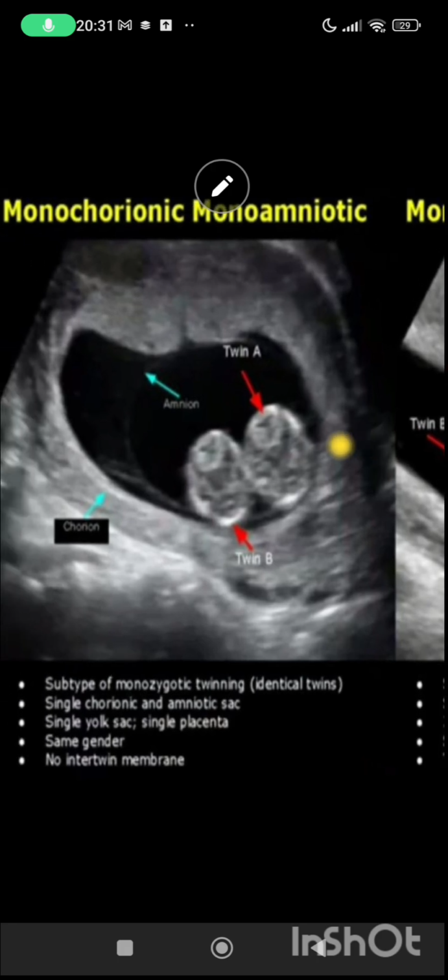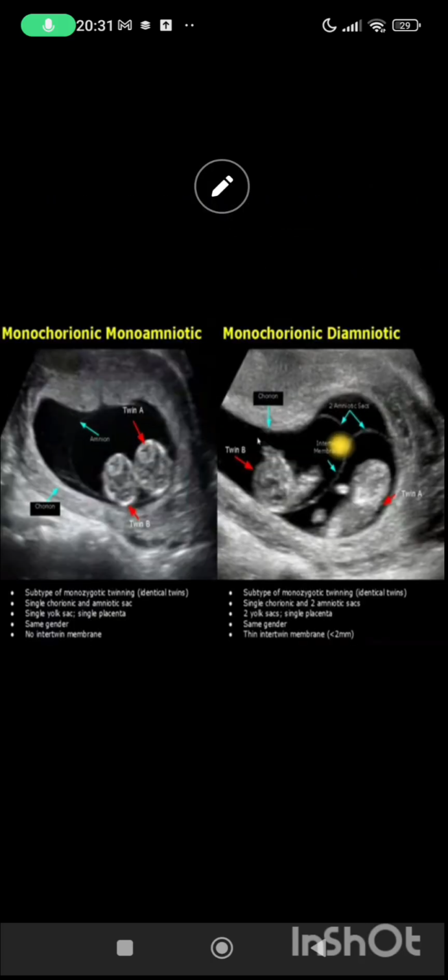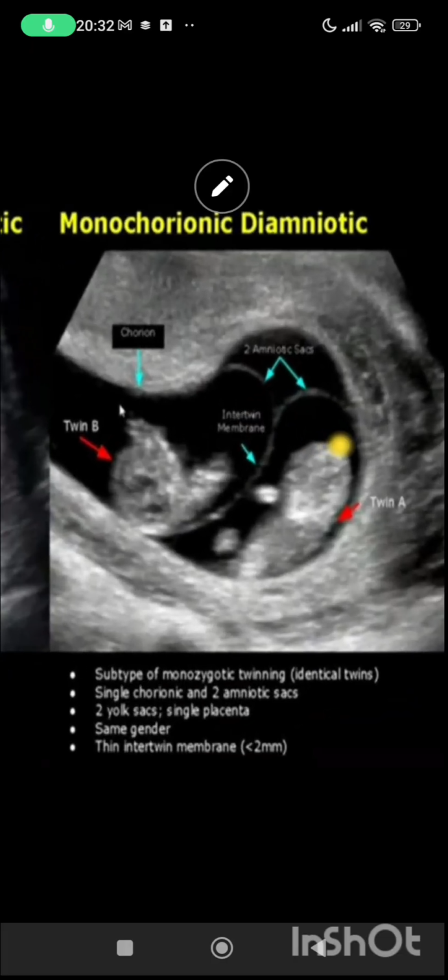Monochorionic, monoamniotic, because there is no dividing membrane. So there will be the most complications. And also complications occur with monochorionic diamniotic. Why? Because they share one placenta. So there are also complications associated with monochorionic and diamniotic.